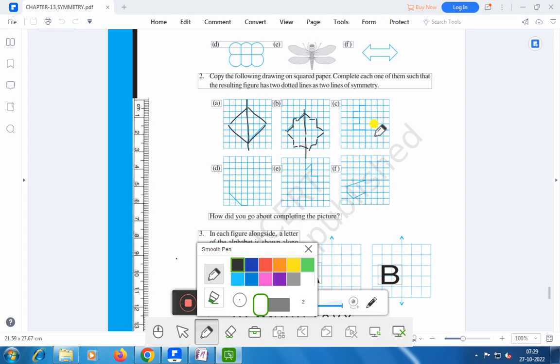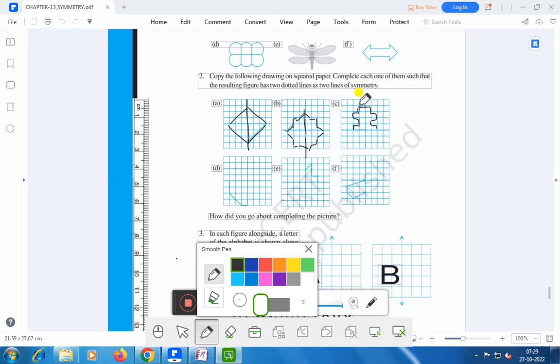Here you also see the figure is like this. Suppose the figure is like this one, this one, this one, like this, right? The same way, like this one, and this one. You do the same figure in below also.